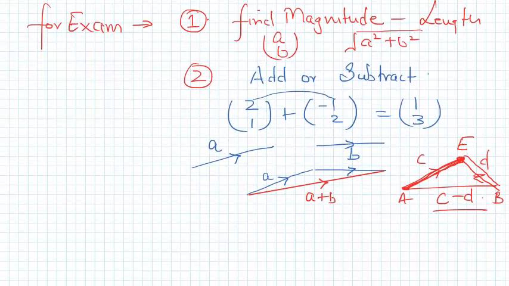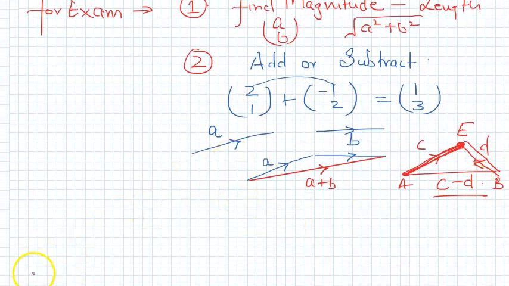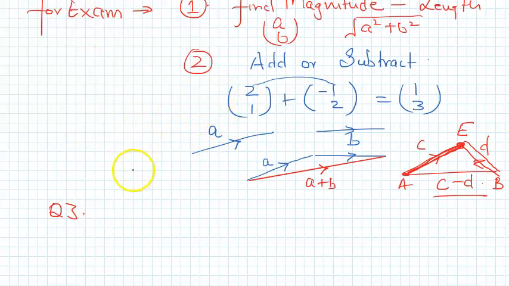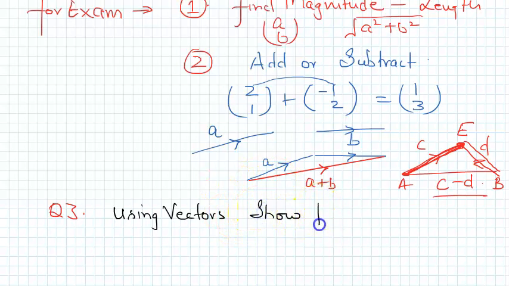The third thing is question number 3. And in this lesson, more emphasis will be on this point, and that point is using vectors. In most of the exams, this question comes: using vectors show that certain points lie on a line.